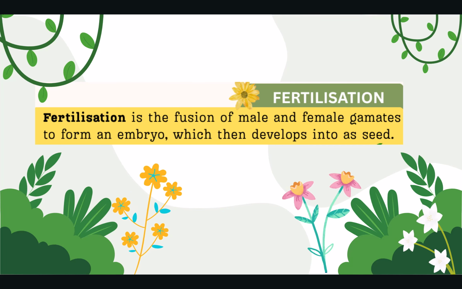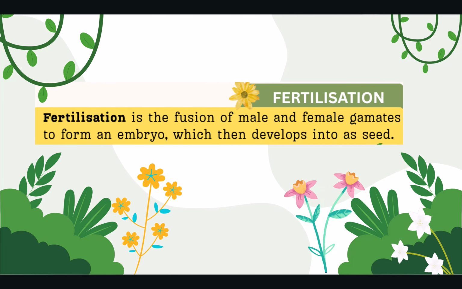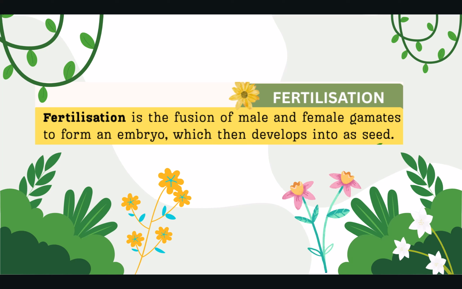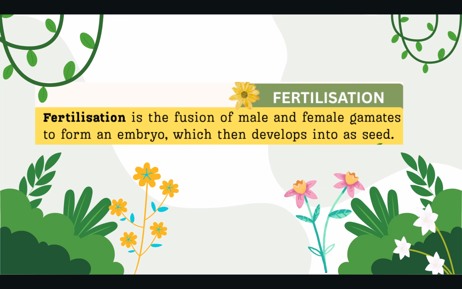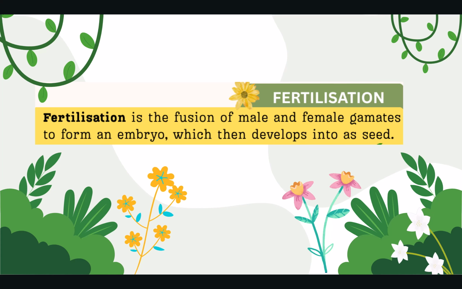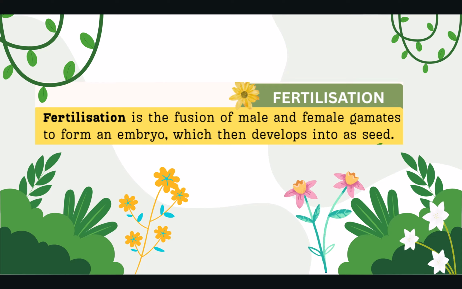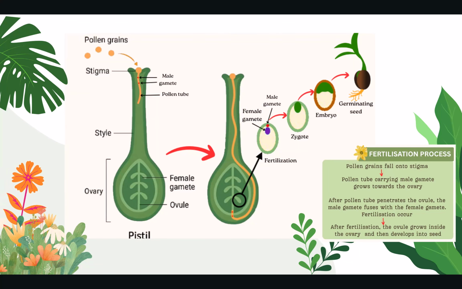Fertilization is the fusion of male and female gametes to form an embryo, which then develops into a seed. In the fertilization process, pollen grains fall onto the stigma. Then the pollen tube carrying the male gamete grows towards the ovary.